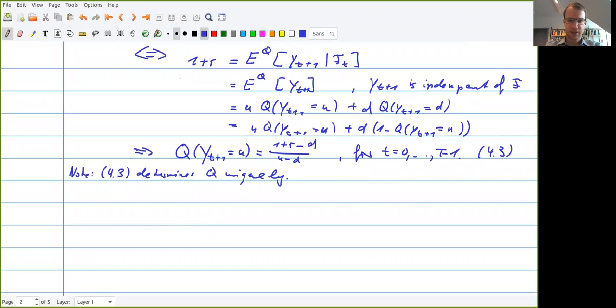Now we just need to ensure that such a Q exists. If there exists Q, then the market is complete. This is the second fundamental theorem of asset pricing.